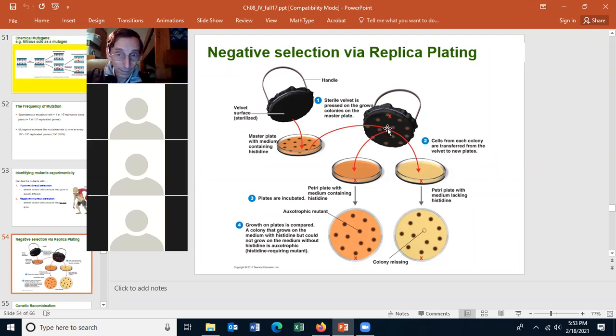And you see this bacteria cells here do not grow on the plate lacking the amino acid histidine, but they do grow if you supply the amino acid histidine. So that these cells are mutant, they will not grow unless you supply the amino acid histidine. And this is one way to check for negative selection of a mutant.